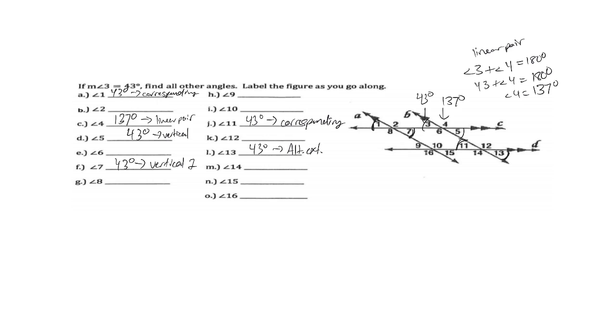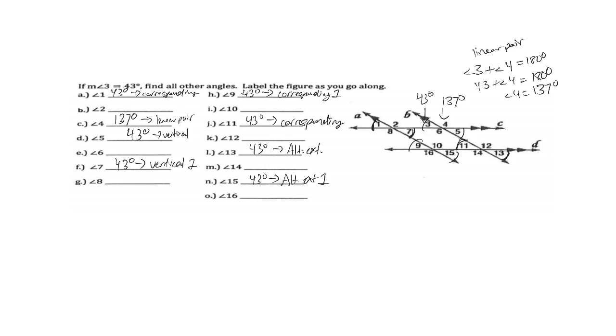Vertical to 1. And 15 is 43 degrees because it's alternate exterior to 1. And then 9 is 43 degrees because it is corresponding to 1. Okay. And then it looks like we found all of the ones that are equal or congruent to 3.